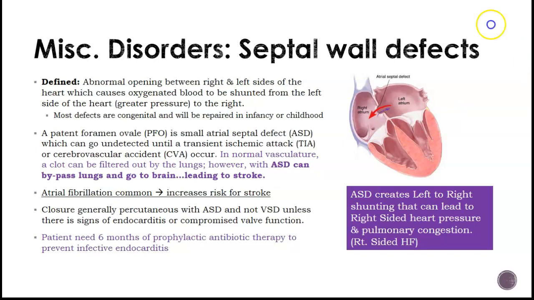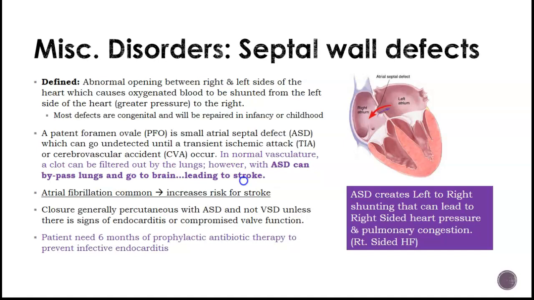And you can see here the opening. In normal vasculature, if that wasn't there, a clot can typically be filtered out by the lungs, but because of this opening here, it can actually bypass the lungs and go directly to the brain, which unfortunately can lead to a stroke. So it kind of explains where the stroke can come from.